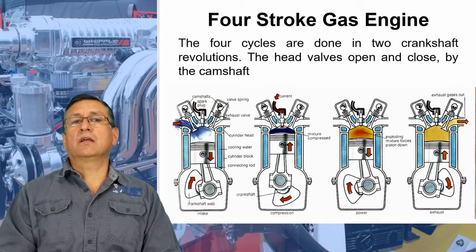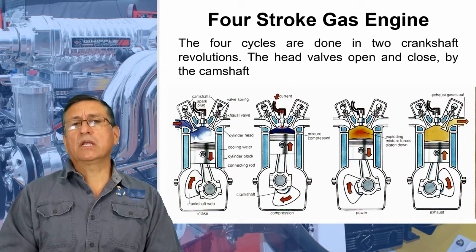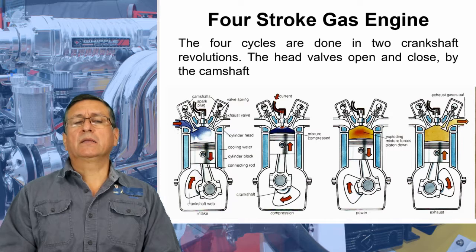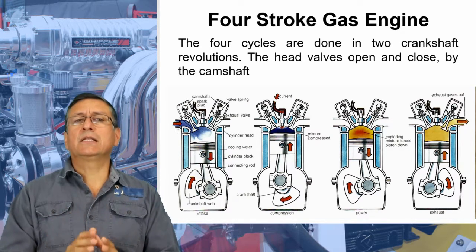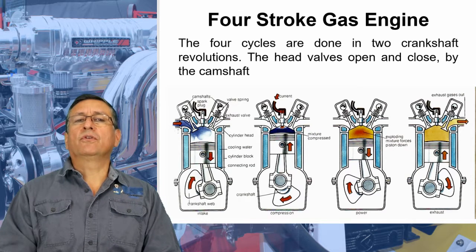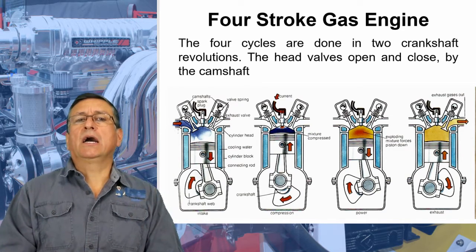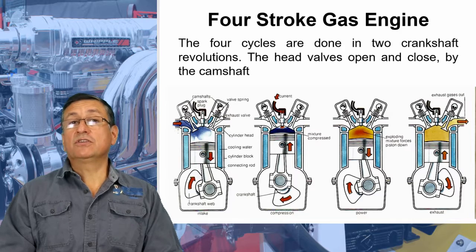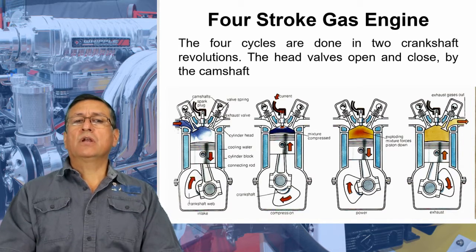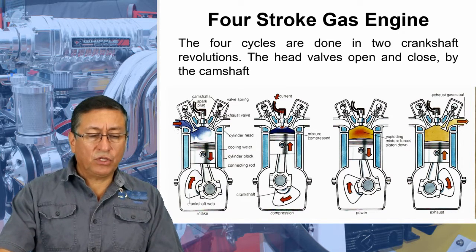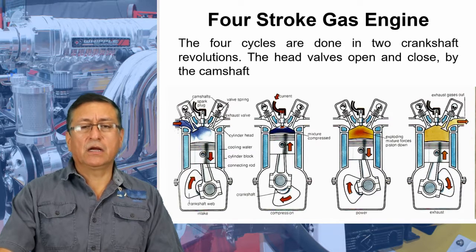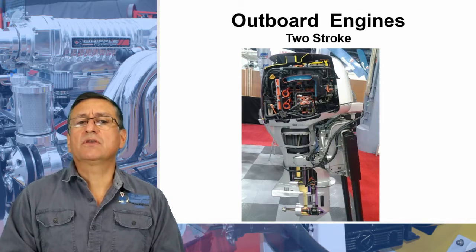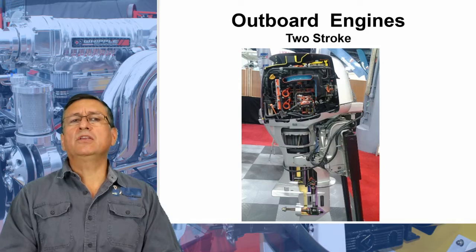Those engines are fuel injected, electronically controlled, and the fuel economy is excellent, the level of noise is very low, and the efficiency is high. All right, my friends, I am going to quickly refresh the basic components of a typical outboard engine.